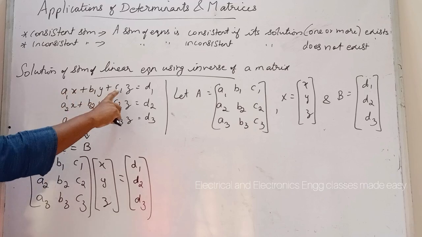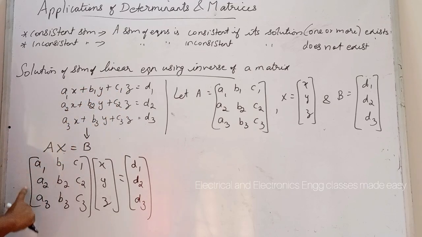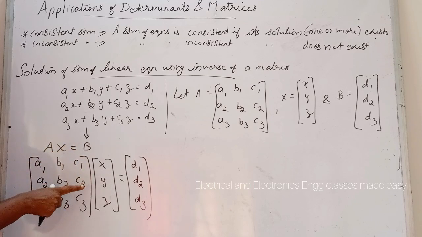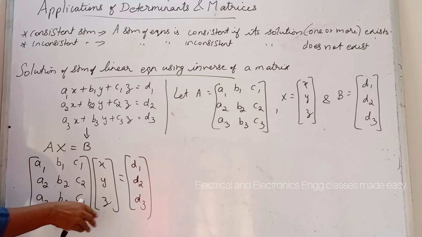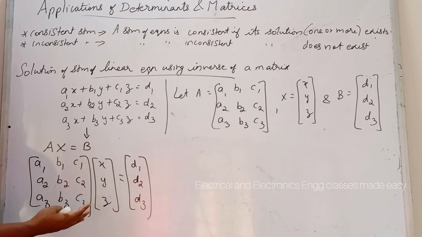So this linear system can be written in matrix form like this, AX = B. Now we can go for the solution of this matrix equation, that is, we can find the value of X using the inverse of a matrix.